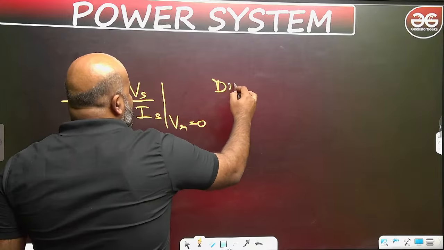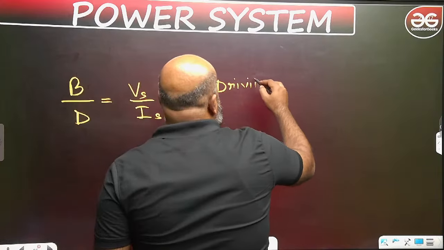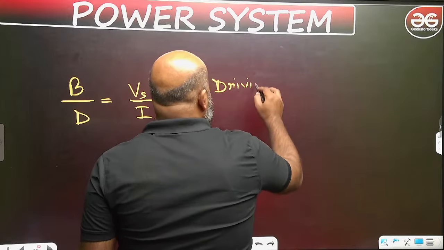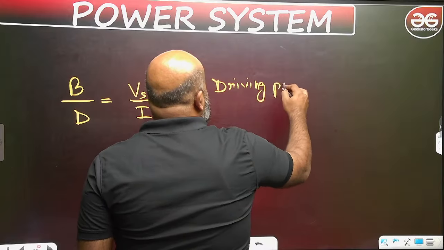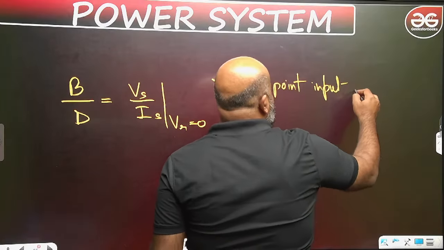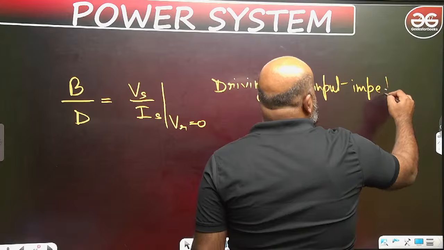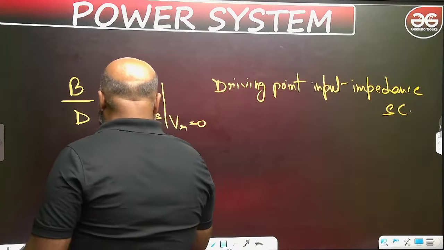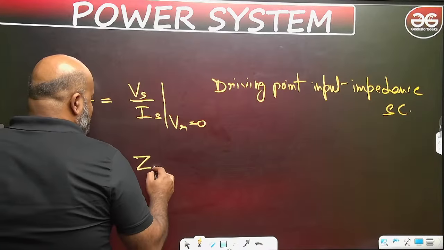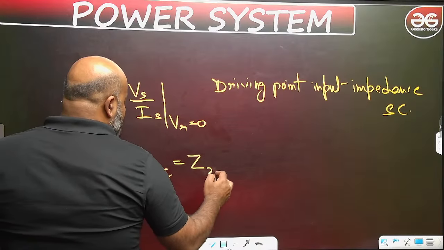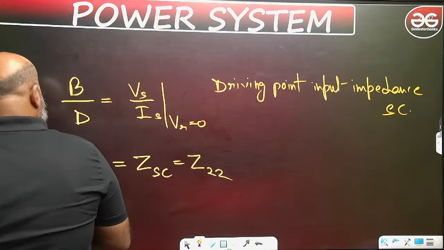So this is the driving point input impedance in case of the short circuit. We are defining it as ZSC, or Z22, you can say.